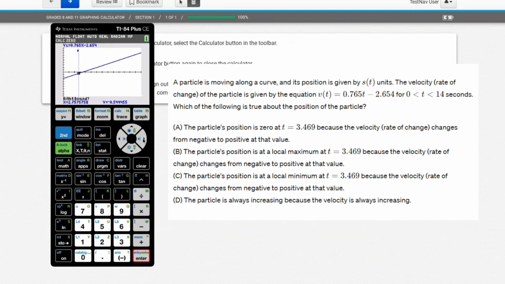So if we put the left bound to the left of it, put the right bound to the right of it, and hit enter for guess, we have 3.469 is where our slope goes from negative to positive.